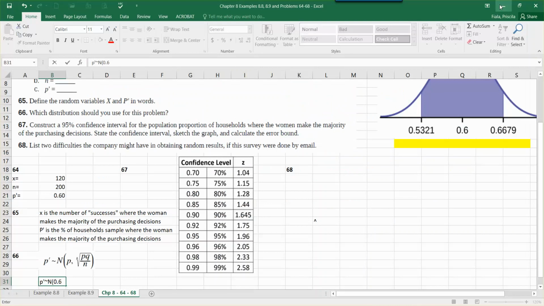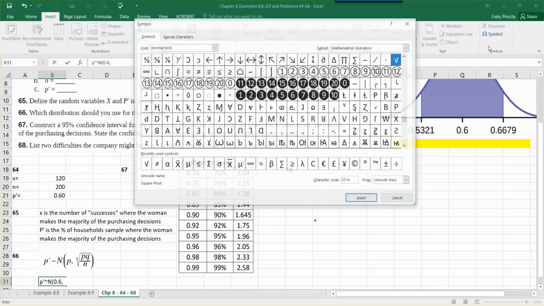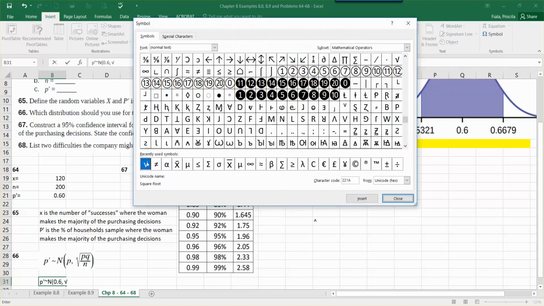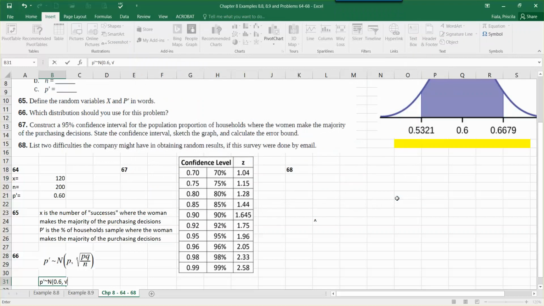So we're going to be using the same value from over here. And then we're going to do the square root. Actually, we're not going to calculate it. I'm just going to put this symbol, the square root of my P. And then the difference. What is the difference?